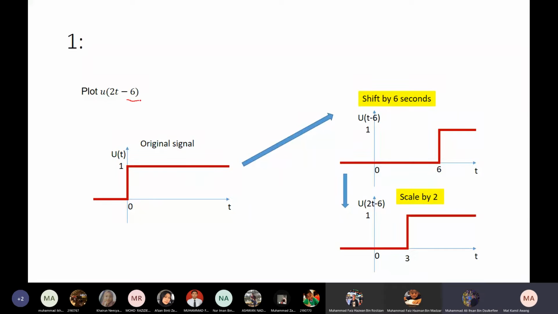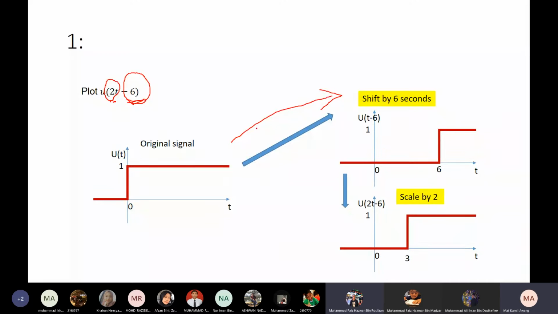So you have time shifting, and also you have scaling. Here is scaling and here is time shifting. The first step, you do the shifting first. You shift by 6 seconds. If the sign is minus, basically you delay, shift to the right. There is a delay of 6 seconds.